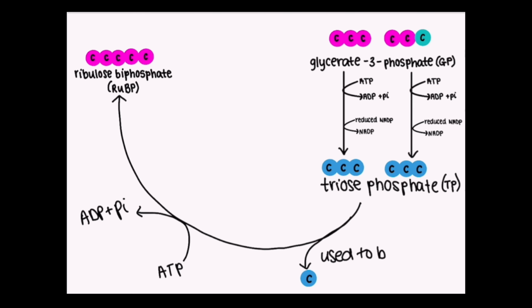They will be used in the regeneration of RuBP, which of course was our original 5-carbon molecule. The regeneration of RuBP from the carbons belonging to triose phosphate involves energy from the hydrolysis of ATP. So again, this is another instance where ATP produced in the light-dependent reaction is used in the light-independent reaction.